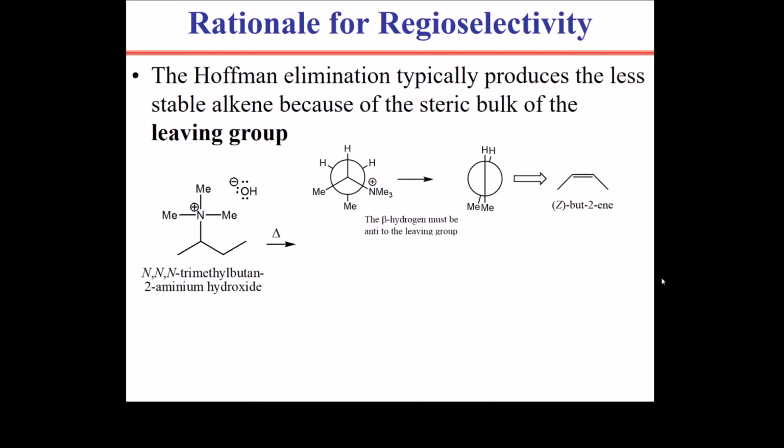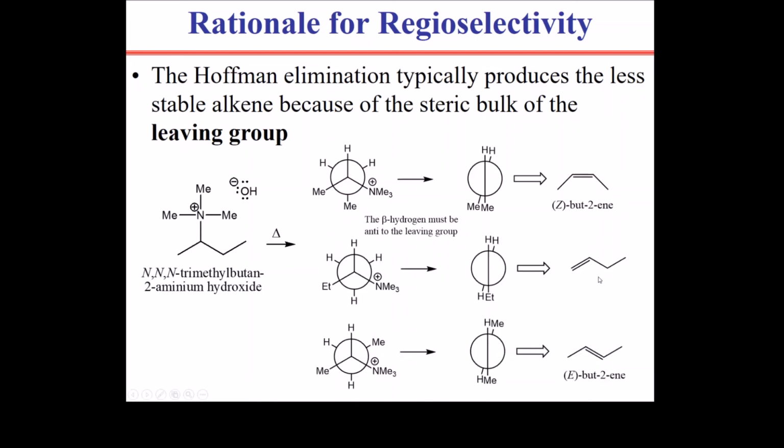Okay, now let's look at what would happen to make the other compounds. So let's go back to this trans-2-butene right here. In order to make the trans-2-butene, I would still pull the same hydrogen off that I pulled off in order to make the cis-2-butene. So the trans-2-butene would involve pulling a hydrogen off of C3 and having your leaving group pop off of C2.